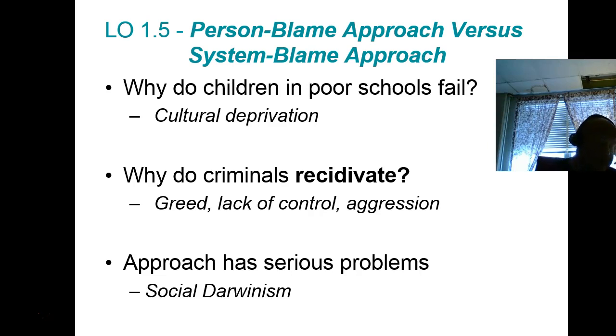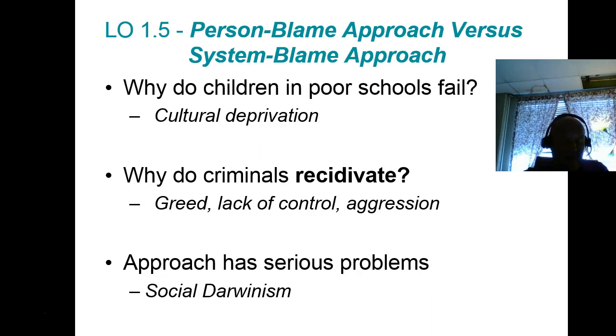The consequence of the person blame approach is that it fails to address societal causes, and the social problems remain in place. It frees many involved in institutional social problem generating apparatuses from blame: the government, the economy, the justice system, stratification, the educational system.